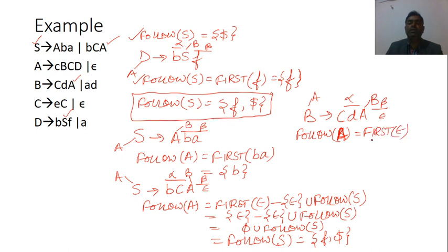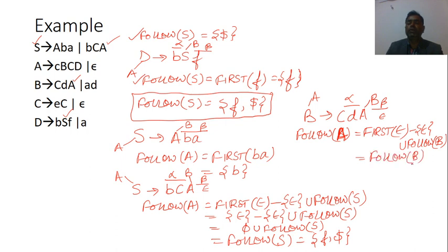And you know that when beta is empty, in that case I can write follow of A equal to follow of B. It will be equal to set difference empty union follow of B. So it will be equal to follow of B.